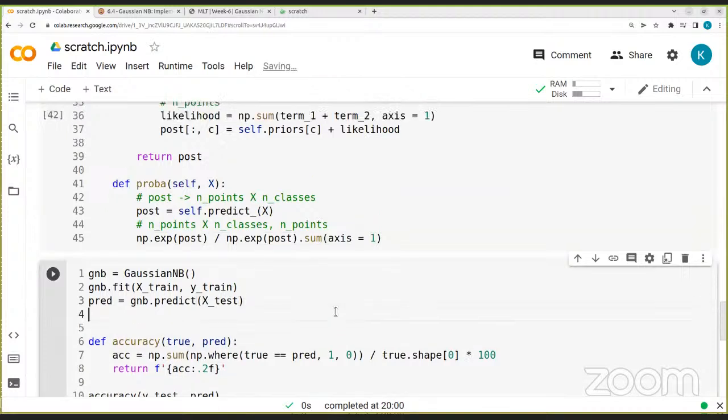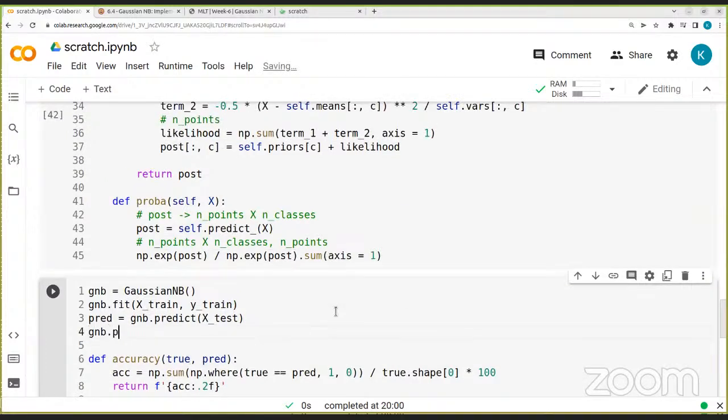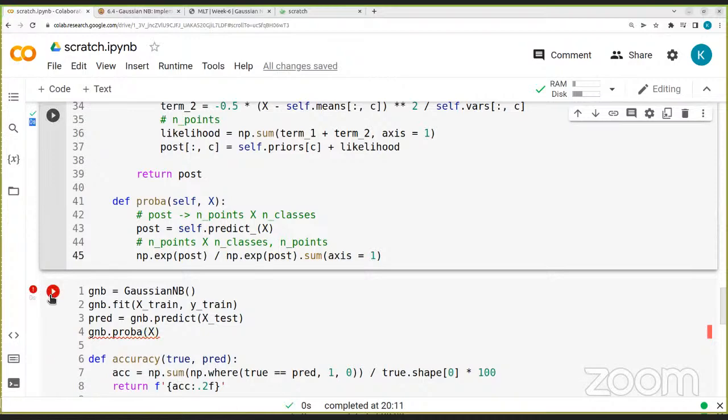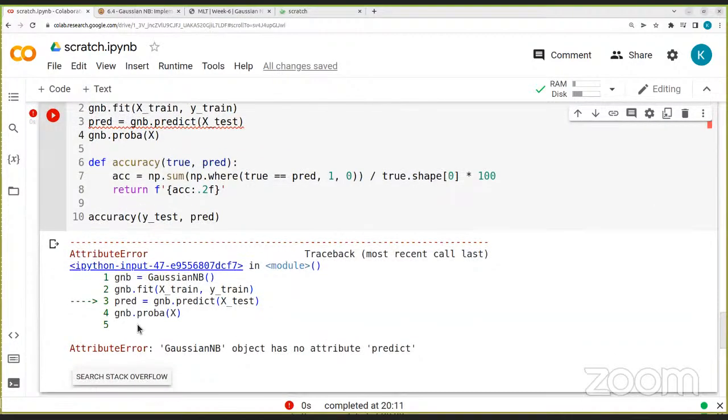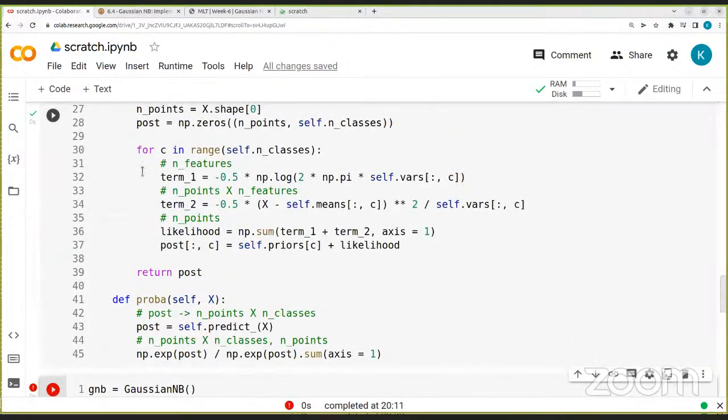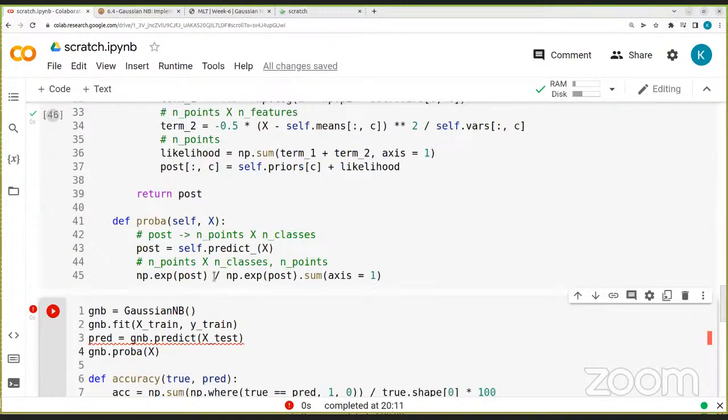So I want to do gnb dot proba of x. Okay, I have to run this first. So it will show me in line number 45.